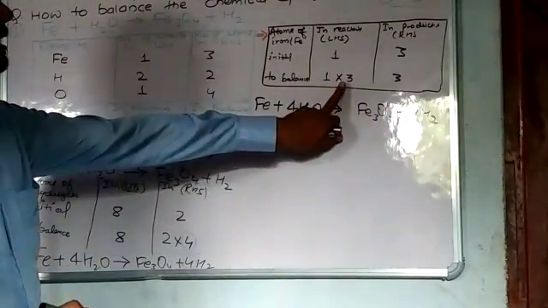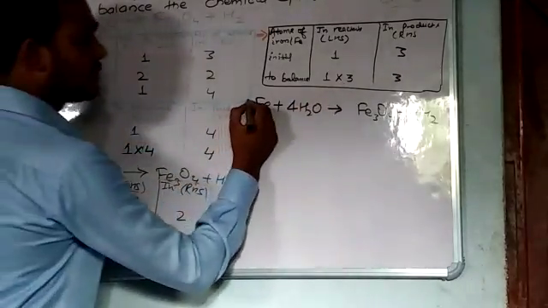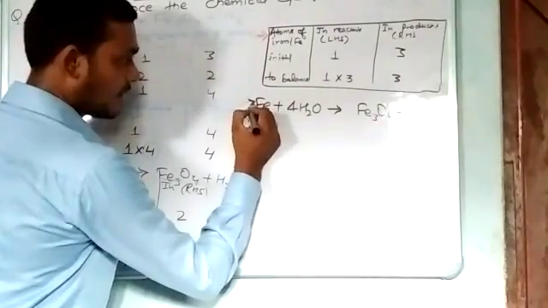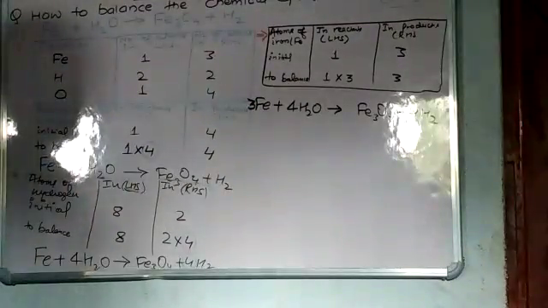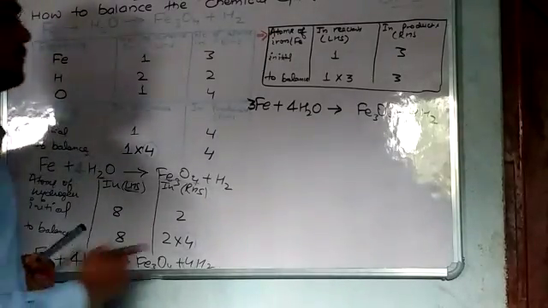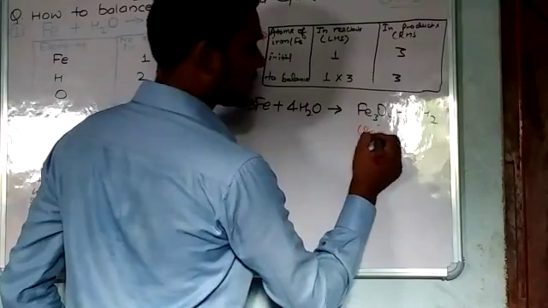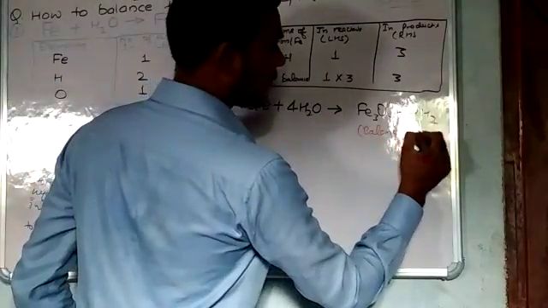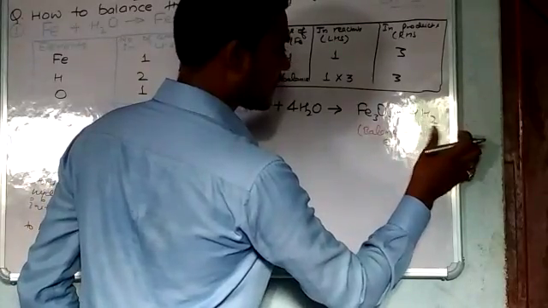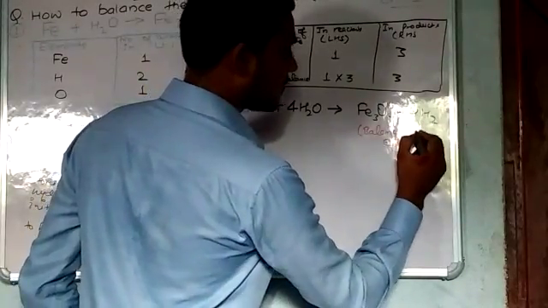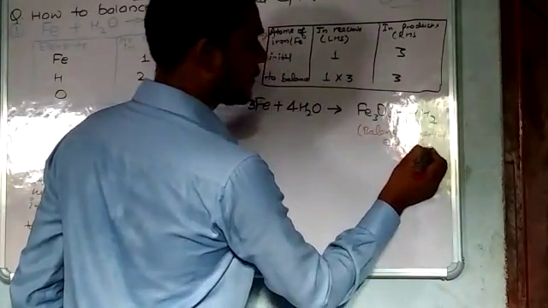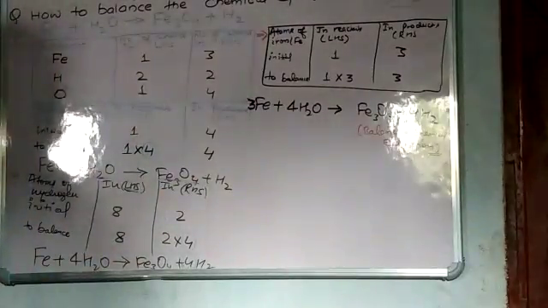We multiply 3 in LHS, so we just put this 3 in front of this Fe, which is available in LHS. Now this is the balanced chemical equation.